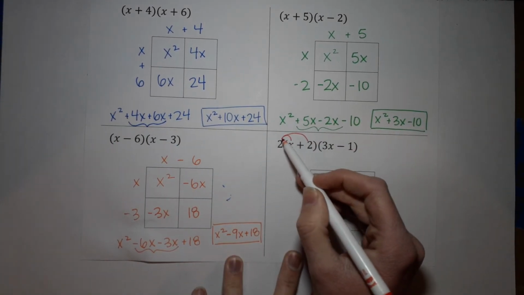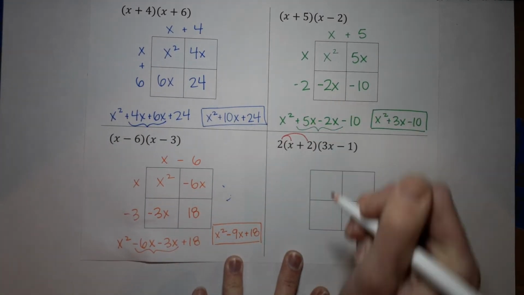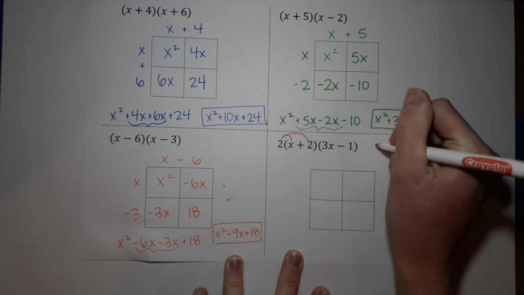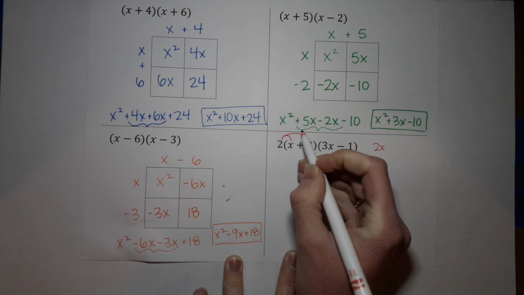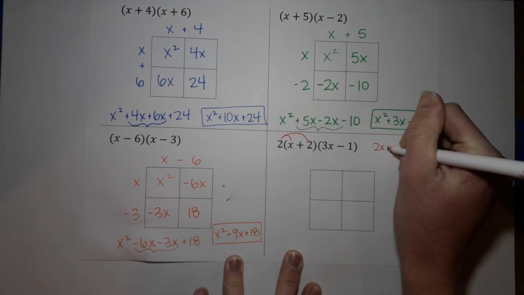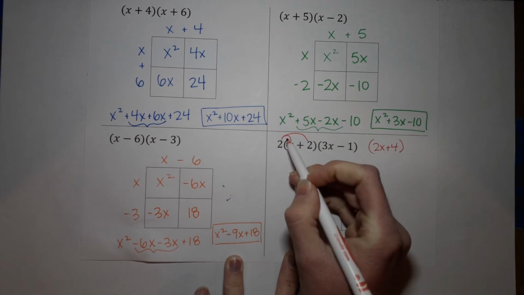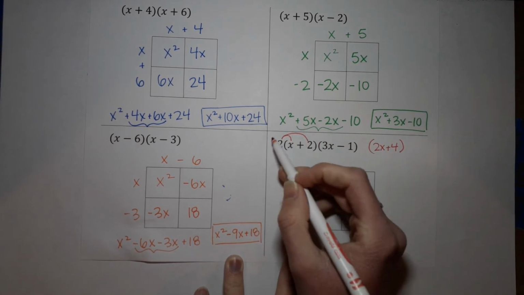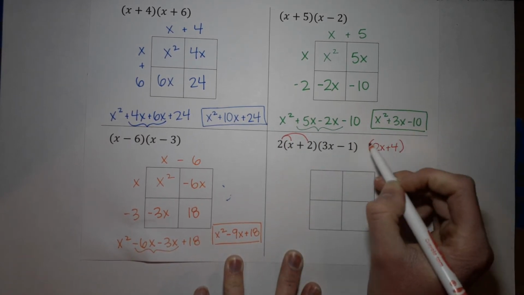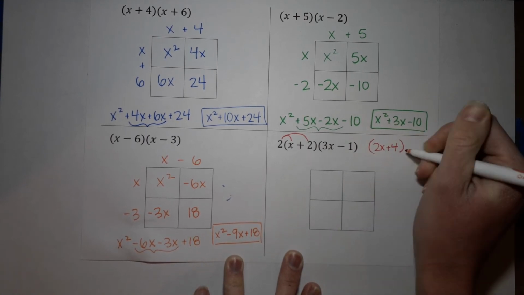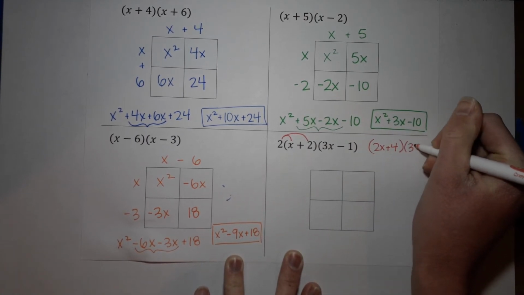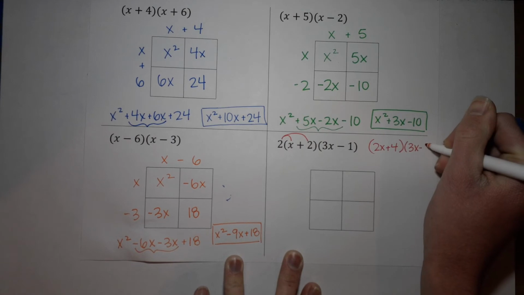So I'm going to distribute it to this first one. 2 times x gives me, I'm going to write it over here, 2x. 2 times 2 gives me 4. So I just multiplied that guy in. So now this was turned into this. This one I didn't change anything, so it's still just being multiplied there.